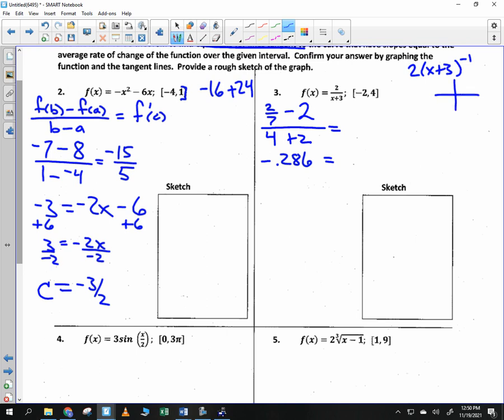And so I have 2u to the -1, and I have x plus 3. Derivative of x plus 3? 1. Derivative of 2u to the -1? -2 over u squared. All right, so I'm going to say -0.286 is equal to -2 over x plus 3 quantity squared.